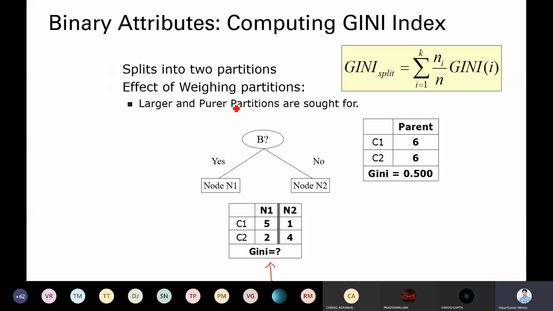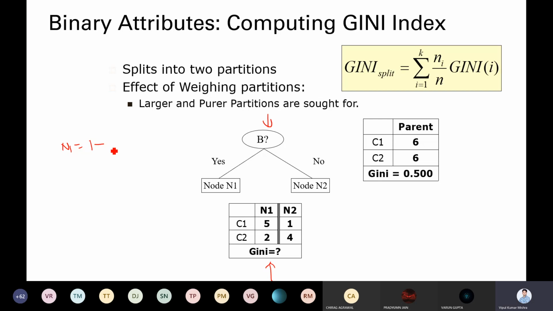Can you compute the Gini impurity for this B? Gini index for B. So what will it be for the N1 node? Anyone can speak, I will write.